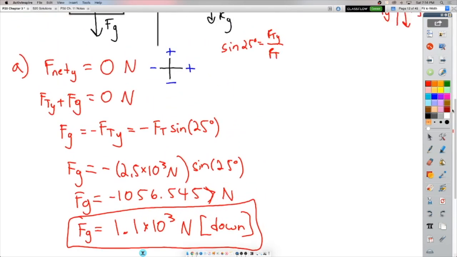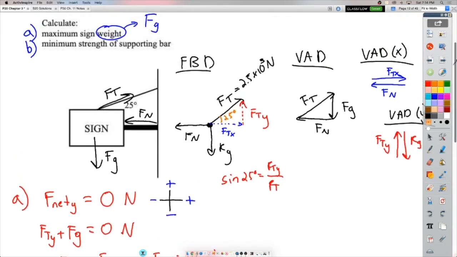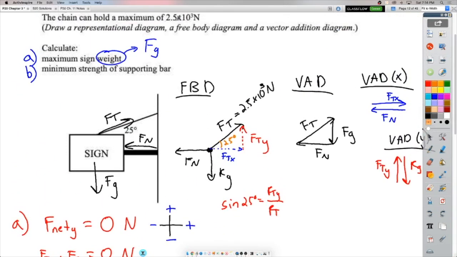But what about the minimum strength of the supporting bar? If the tension is going to be that much, how strong does the normal force need to be for this bar to not completely crumple?